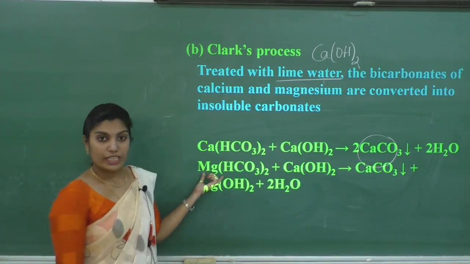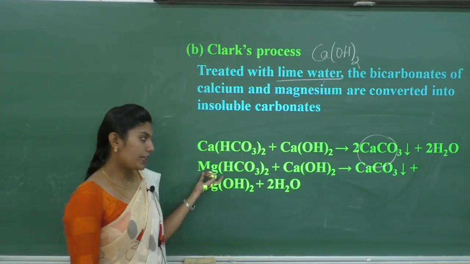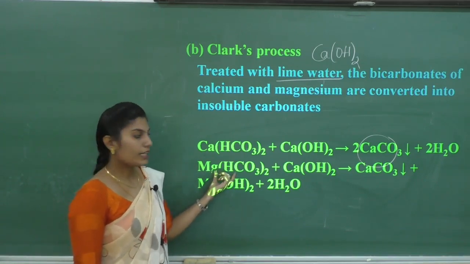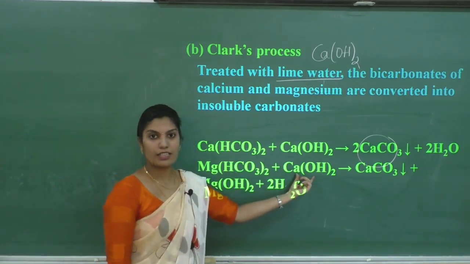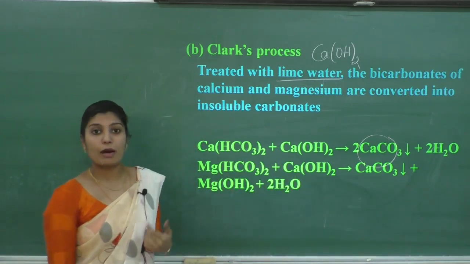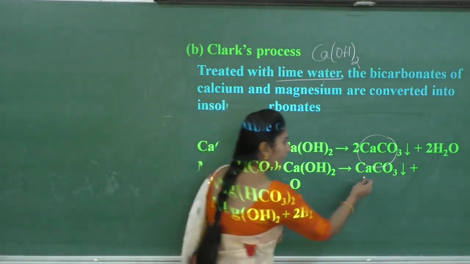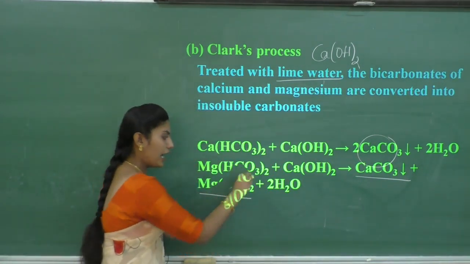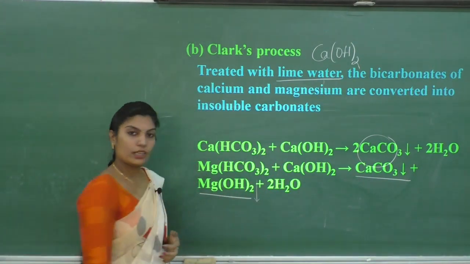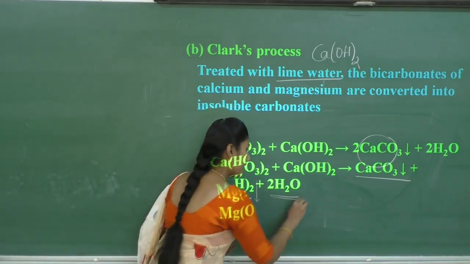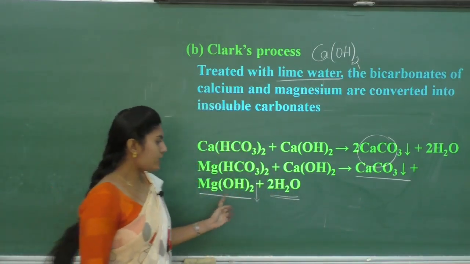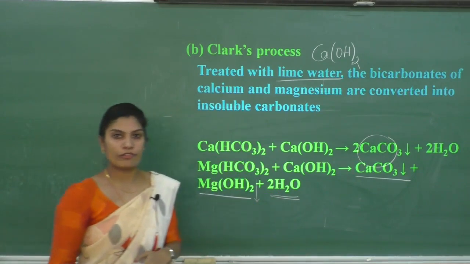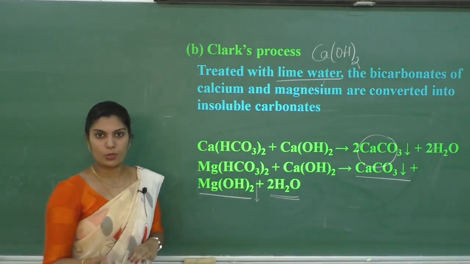Second, if magnesium bicarbonate is present in the water, it will react with calcium hydroxide and form a precipitate of calcium carbonate and magnesium hydroxide, and the water we are going to get is soft water. These precipitates are removed by the filtration process.